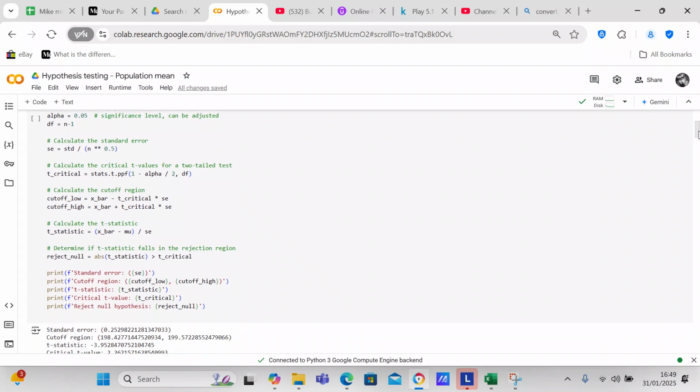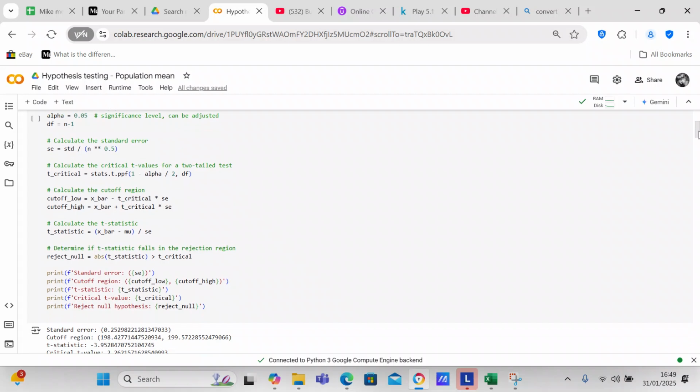So the first thing we're going to do is calculate the standard error. Standard error equals STD divided by N to the power of 0.5. So that's the square root of N. So your standard error is going to be 0.253. And then after we've calculated the standard error, we're going to calculate the critical t-values for a two-tailed test.